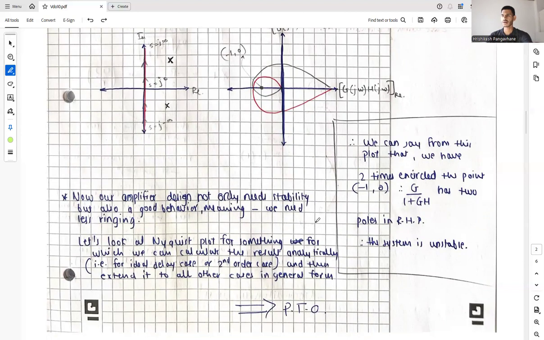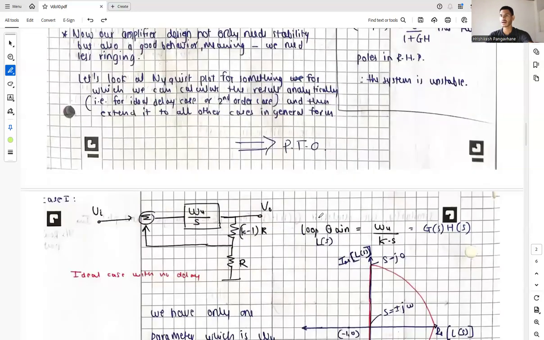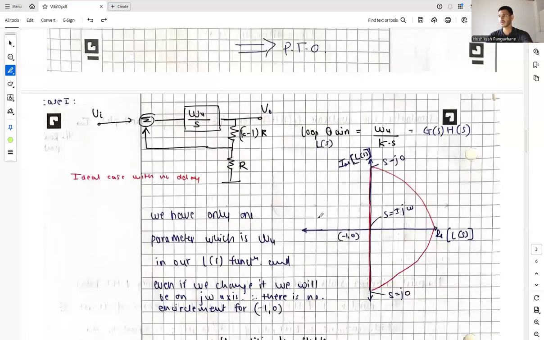So let's say now our amplifier design needs not only stability but also good behavior, meaning we need less ringing. So let's look at the Nyquist plot for a case for which we can calculate the result analytically, for example the ideal delay case or the second-order case, and then extend it to all other cases in general form. So let's take our case one, where there is no delay and no pole.